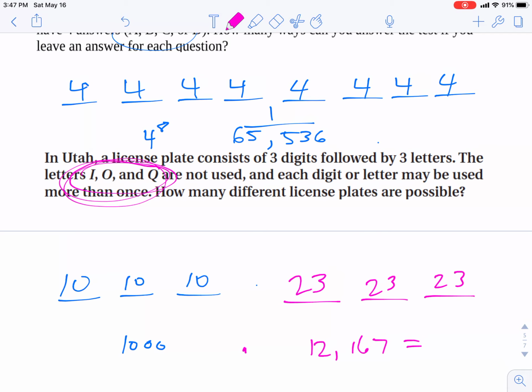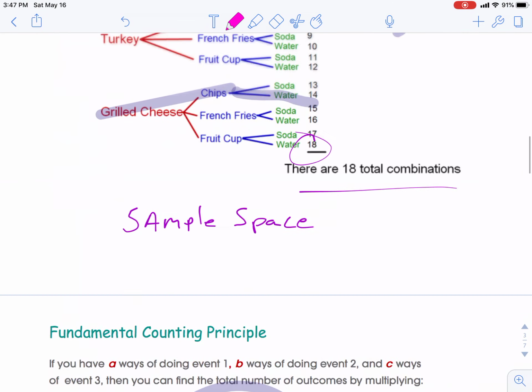And you're going to get 12,167,000 different possible license plates. Okay, so that's the fundamental counting principle. Take the numbers, multiply them all together. Again, that's finding us the possible outcomes.